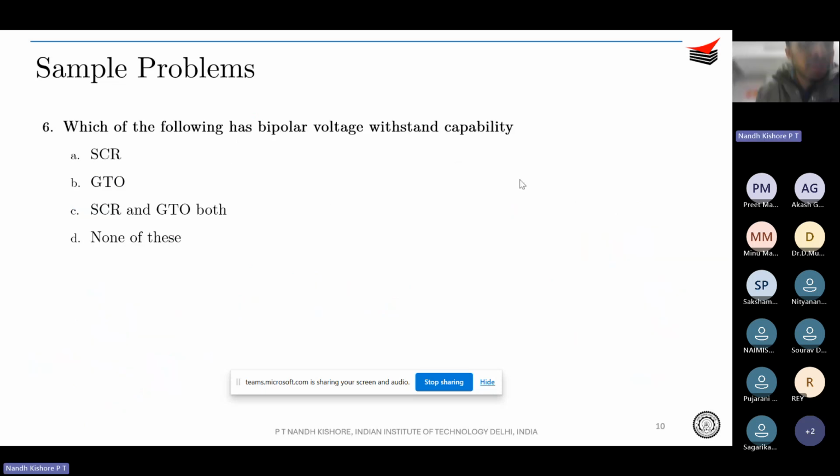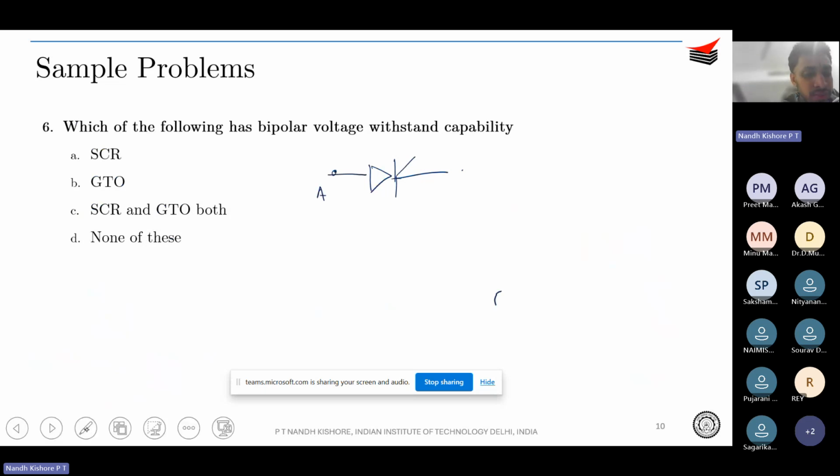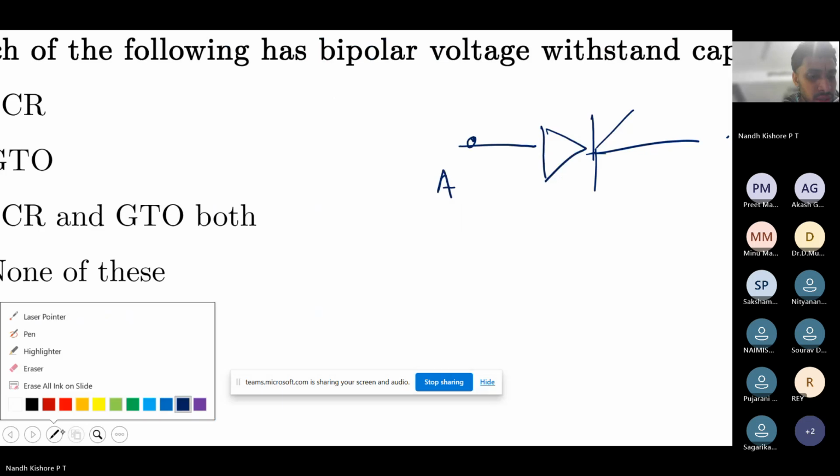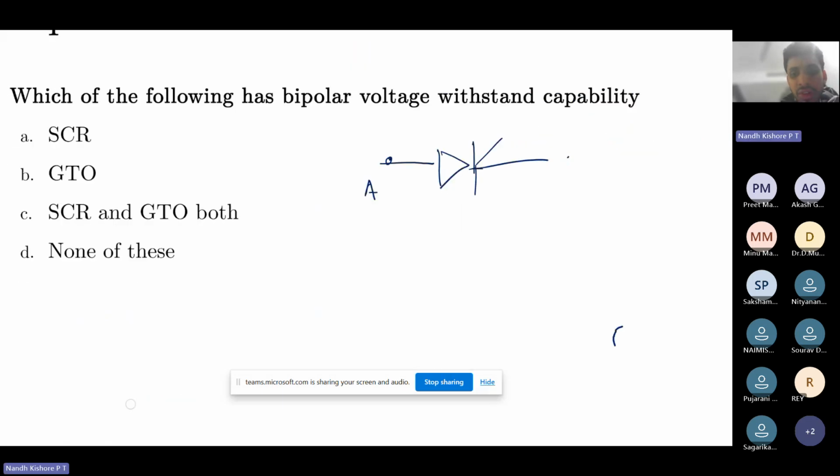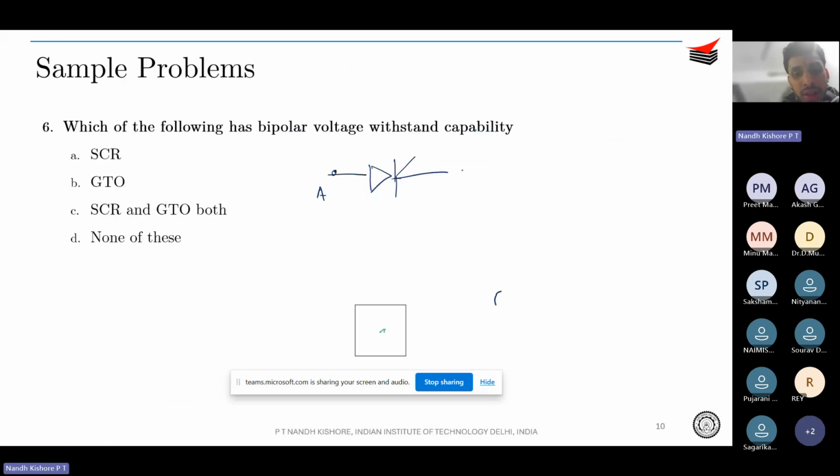Okay. So another simple question: which of the following has bipolar voltage withstand capacity? SCR, GTO, SCR and GTO both, none of these. Let's take the case of an SCR, right? You have your anode, you have your cathode, and of course you feed an IG.